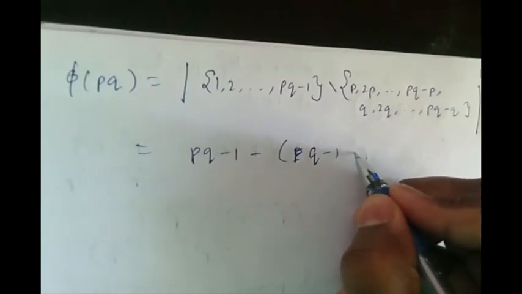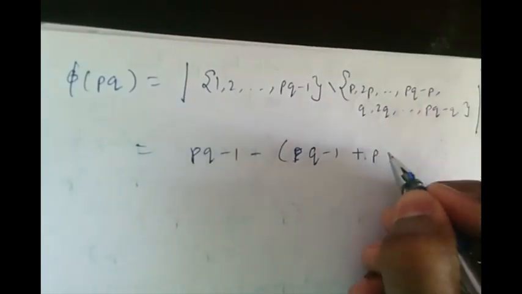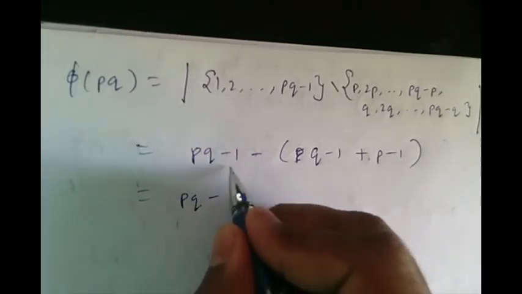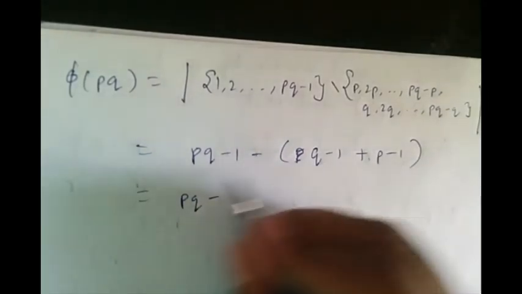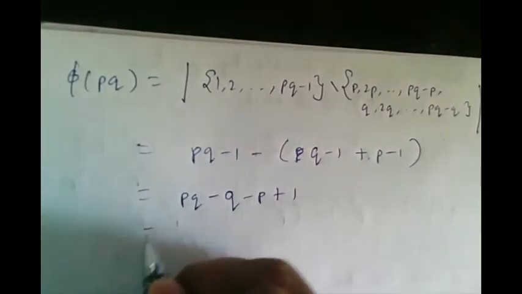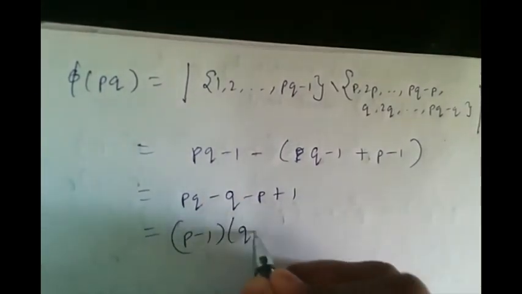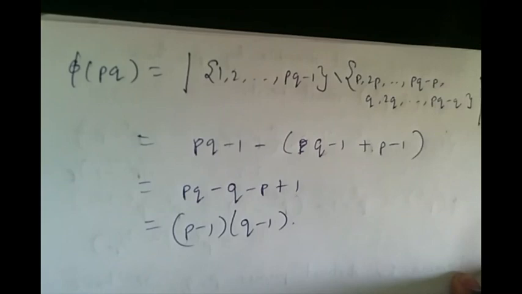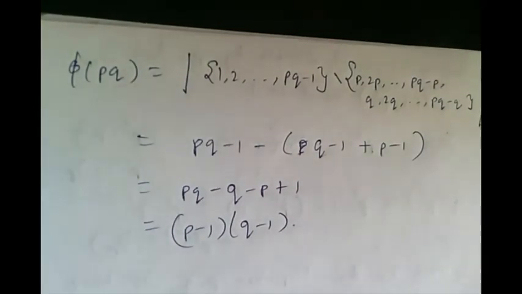So minus (Q minus 1) minus (P minus 1). So this is PQ minus 1, and then there are two minus 1s here, one of them cancels, and you get PQ minus Q minus P plus 1, which is going to be (P minus 1) times (Q minus 1). Okay, so we have shown that phi of PQ, where P and Q are distinct primes, is (P minus 1) times (Q minus 1). Okay, great.